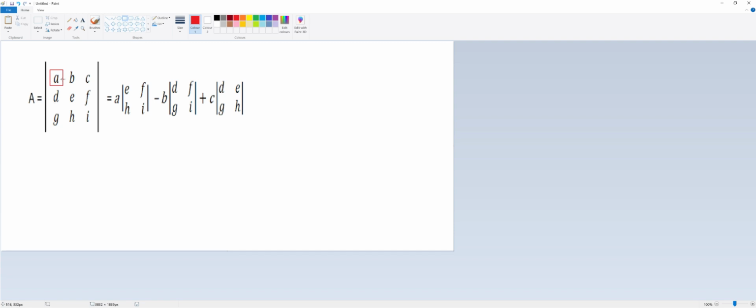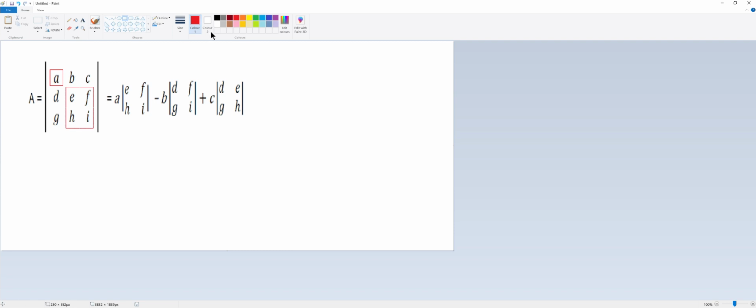Okay, so D, G and B, C, I'm ignoring them and I'm going with the elements that are not shared in the row and column associated with this A. Okay, so E, F, G.